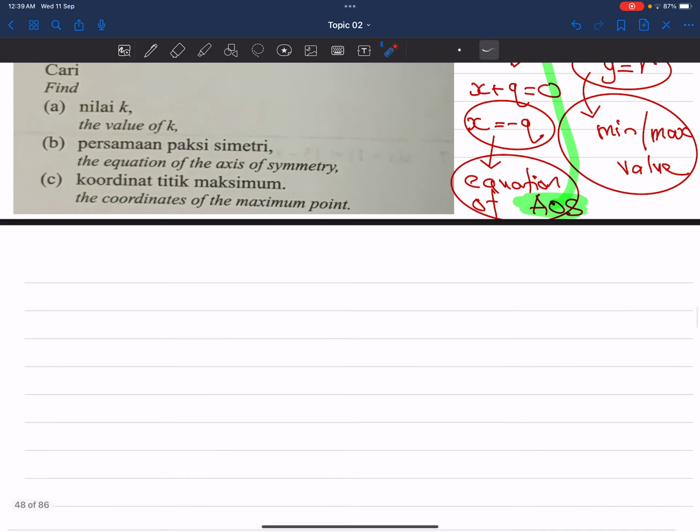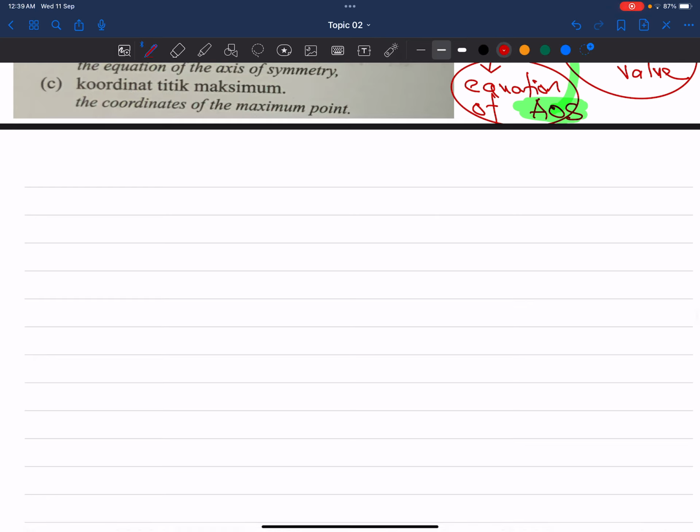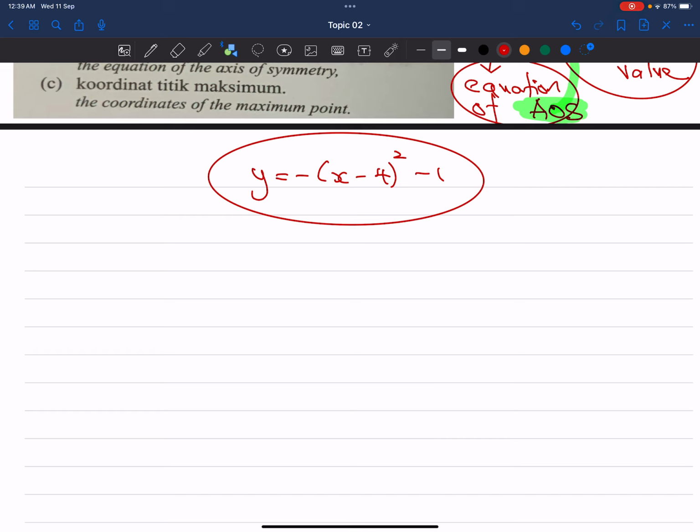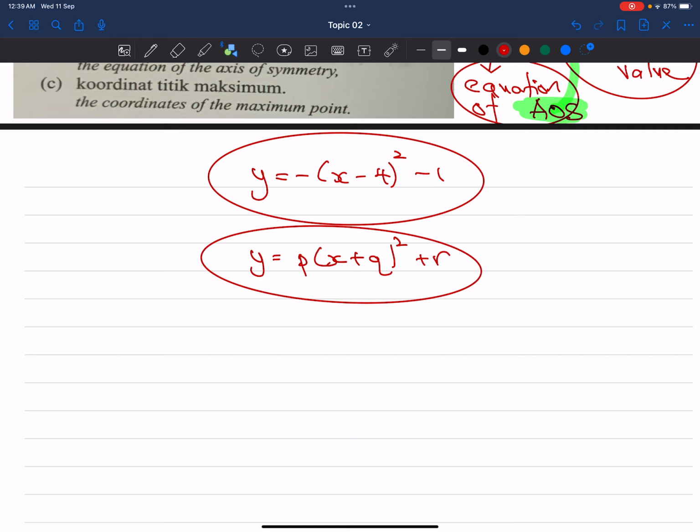I'm going to write here the equation, which was y equals negative (x minus 4) bracket square minus 1. This is our given equation, and we compare that with y equals p brackets x plus q bracket square plus r. This format is the complete the square.